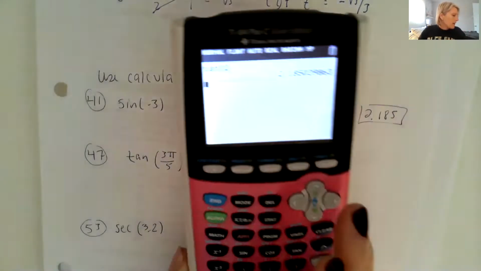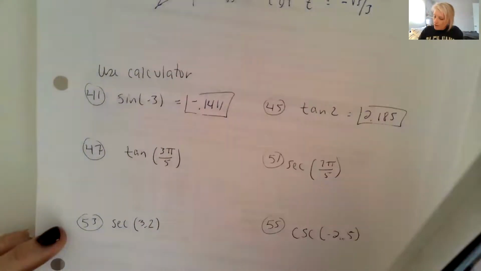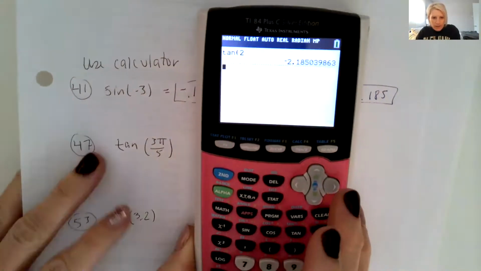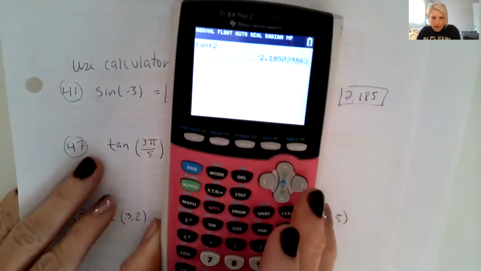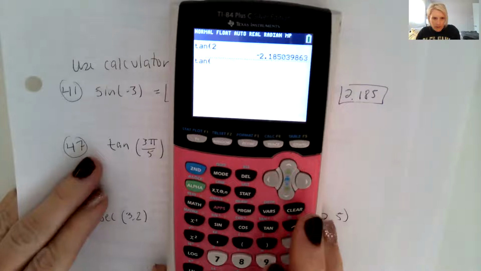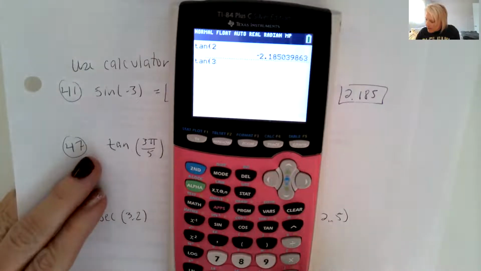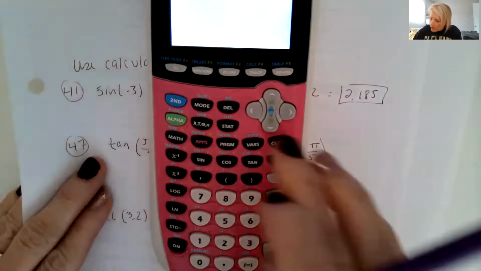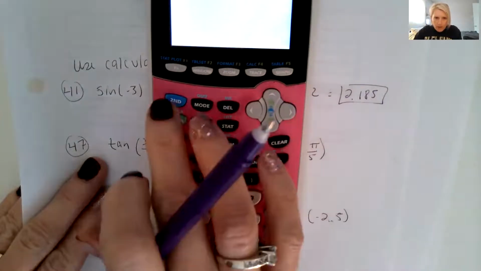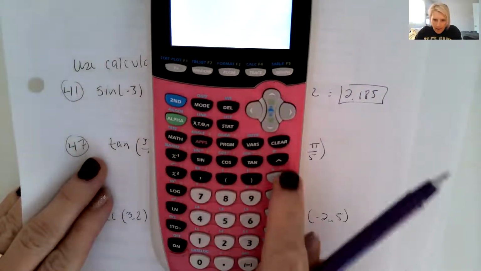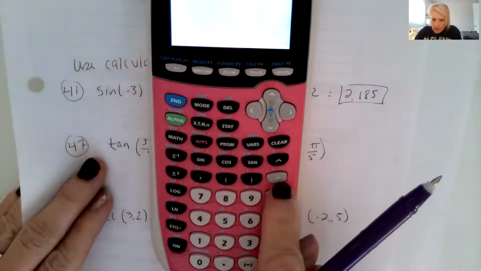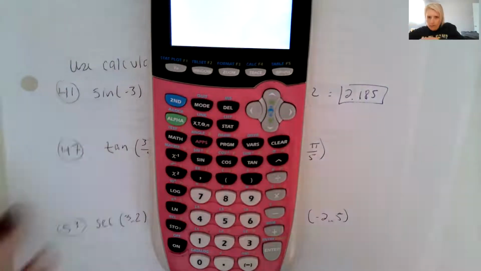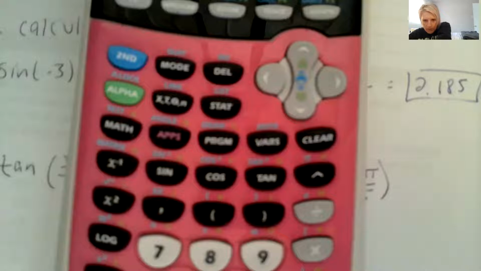And then making sure I'm at 47. So 47 is the tangent of 3 pi over 5. So we're going to hit our tan button, and then 3, and the pi is your second key. Above your division is the caret symbol, and that's the key you're going to use, because in blue, let me zoom in here.